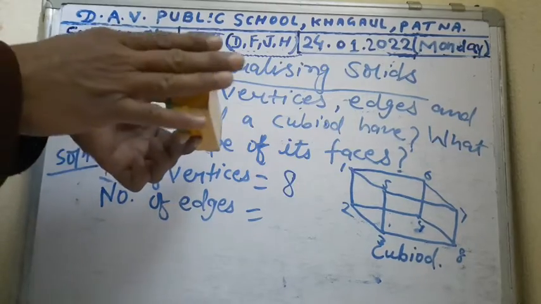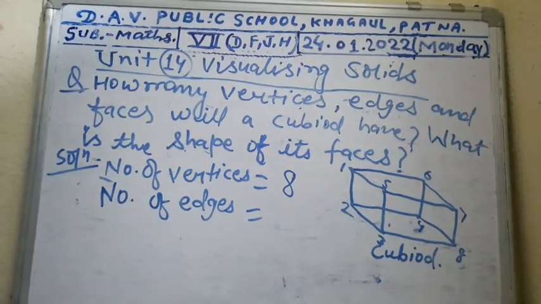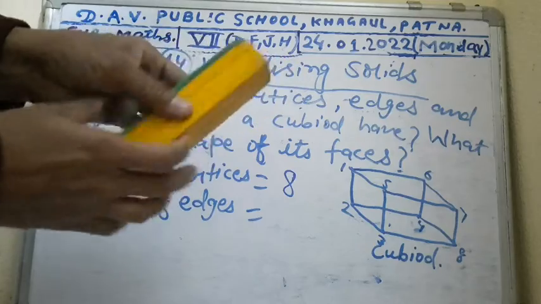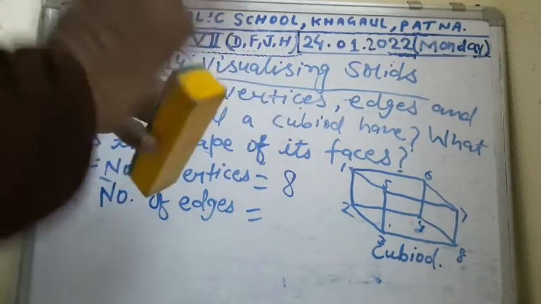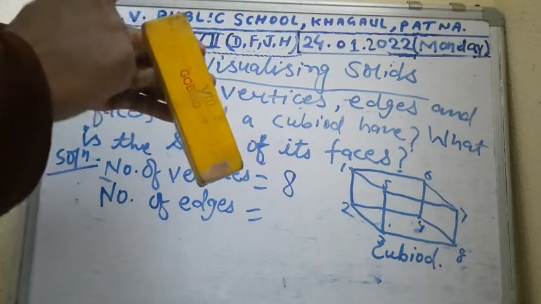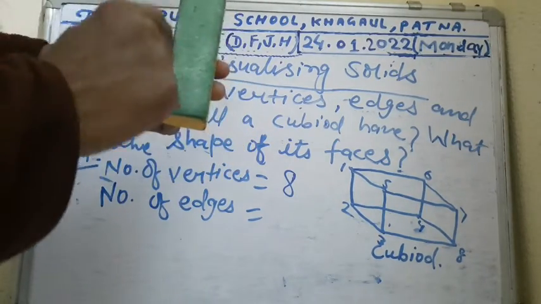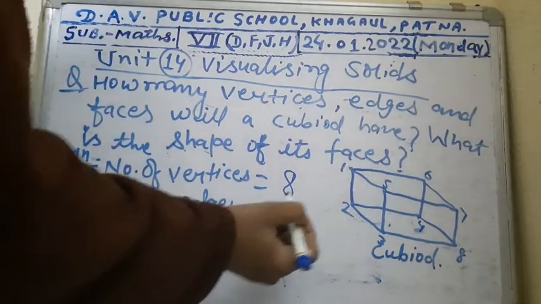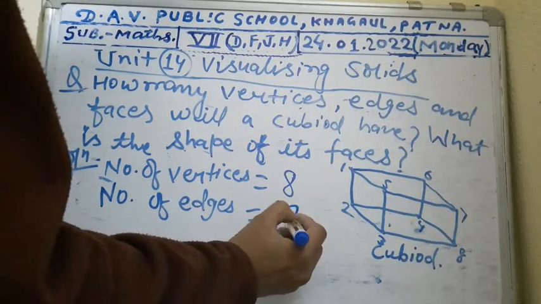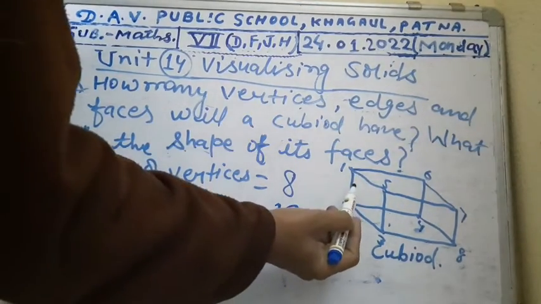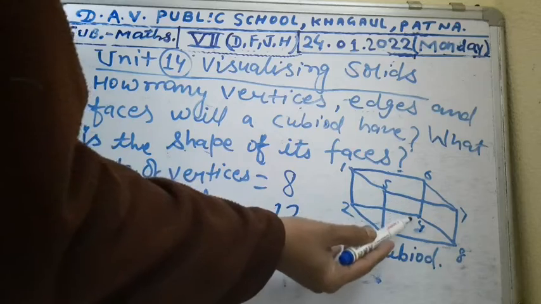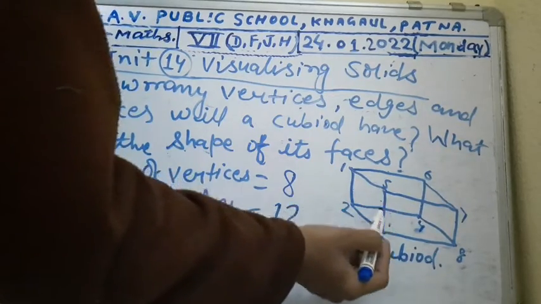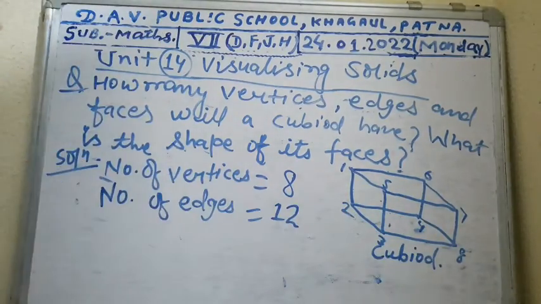Okay, 9, 10, 11, 12. So we write number of edges of a cuboid is equal to 12.